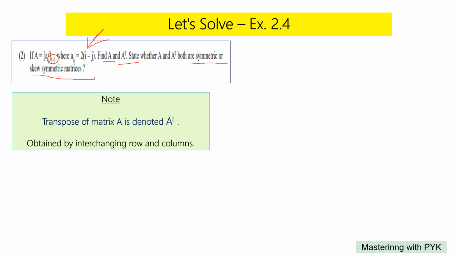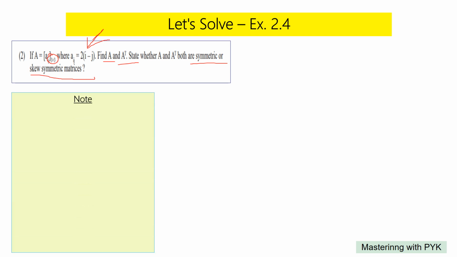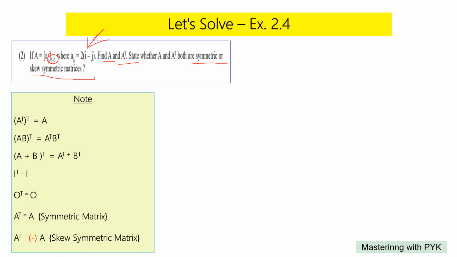So transpose is interchanging rows and columns, and we learned in the previous slide that if the transpose of a matrix is the same as the original matrix, it is symmetric, and if it is the negative, then it is called a skew symmetric matrix.